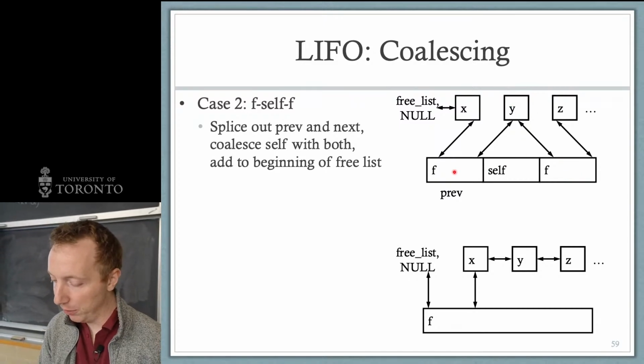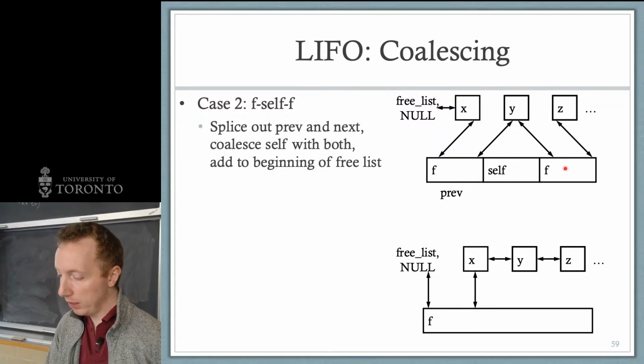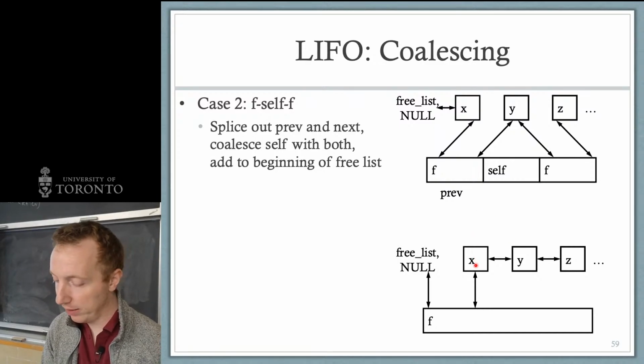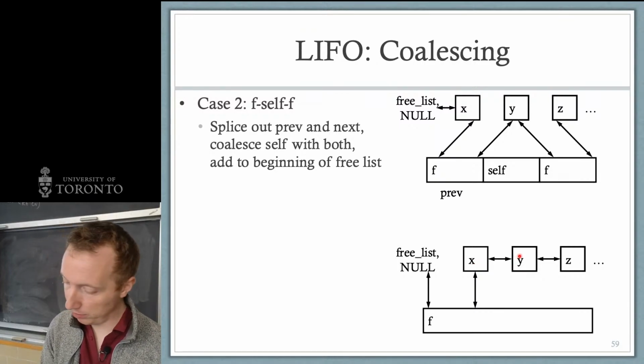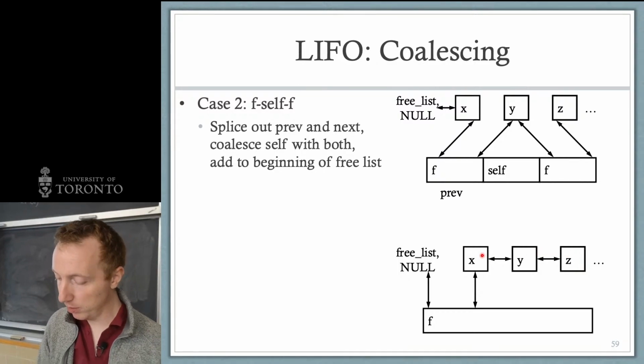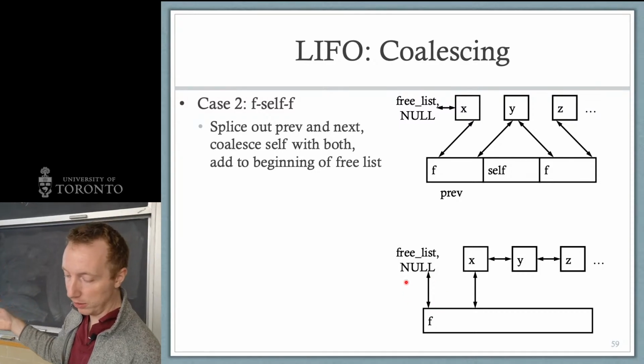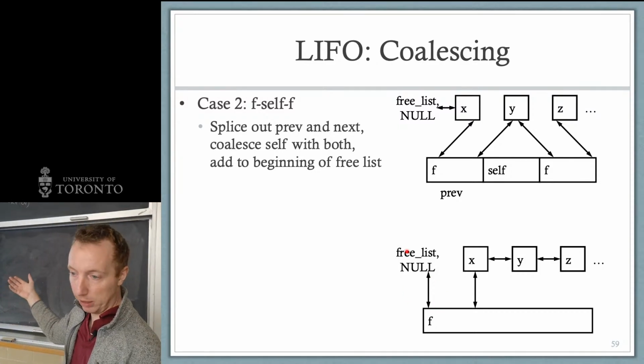So I have to essentially remove both these entries from the free list. So in this case, I completely remove them so that X points to Y, Y points to Z, and then the reverse is also true. And then this giant block of memory is now all coalesced, and it goes at the beginning of my free list.